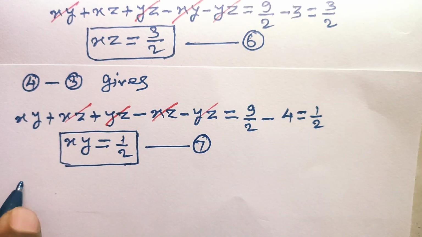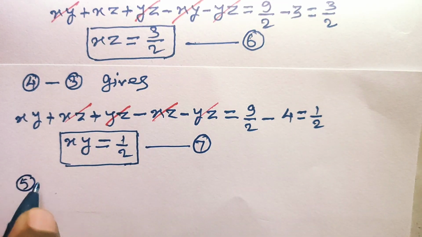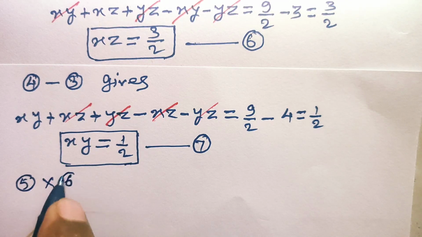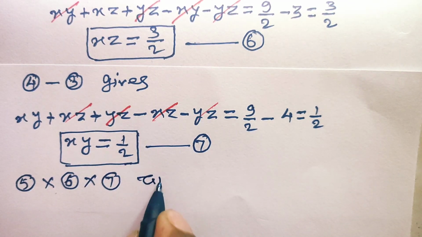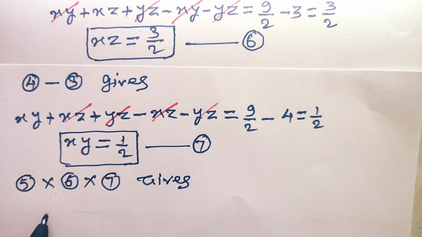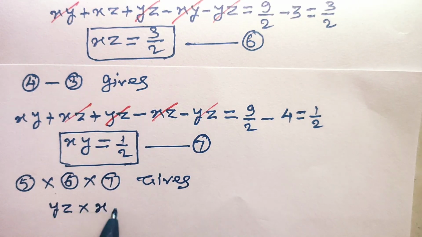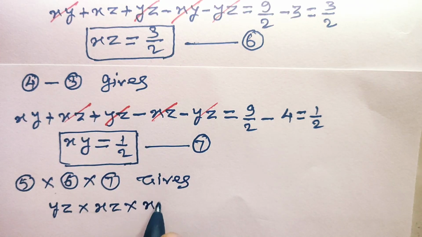Taking multiplication of equation number 5, equation number 6 and equation number 7, this gives yz into xz into xy.